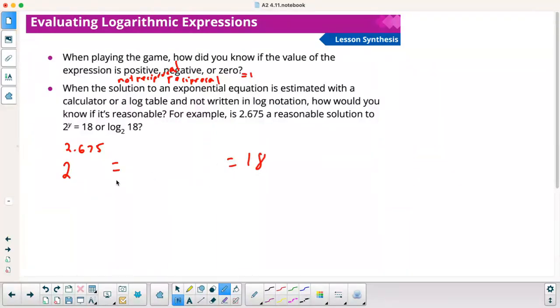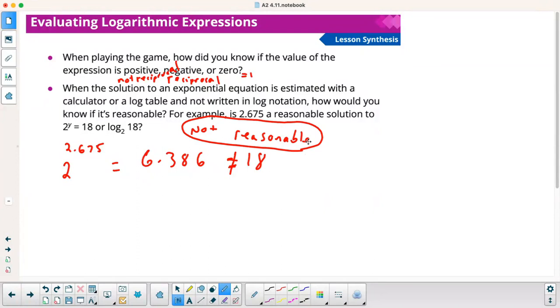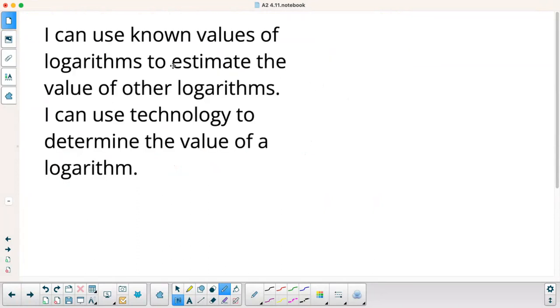So 2 to the 2.675 gives me 6.386, and I rounded it there, but clearly this is not reasonable, okay? So it's not equal to 18, so I would say not reasonable for this one.